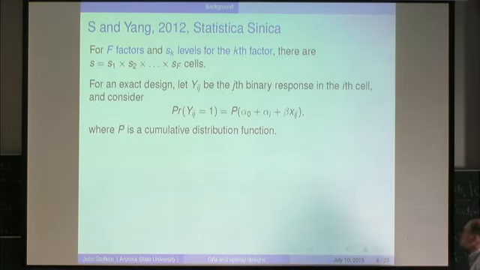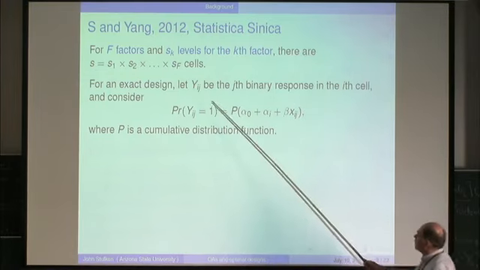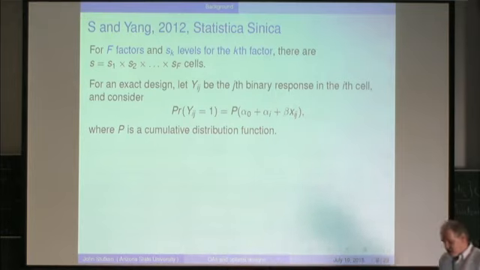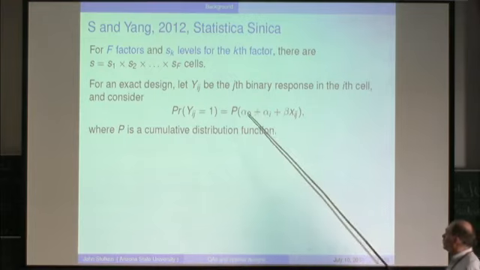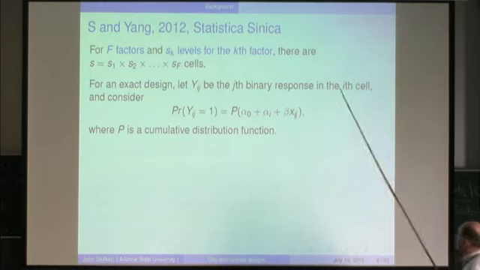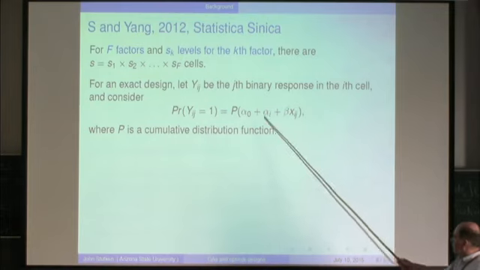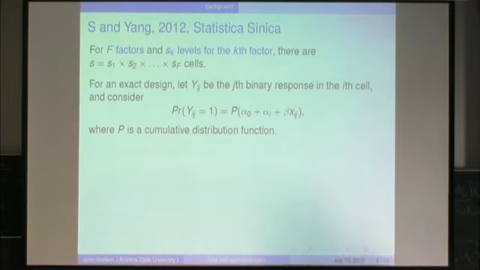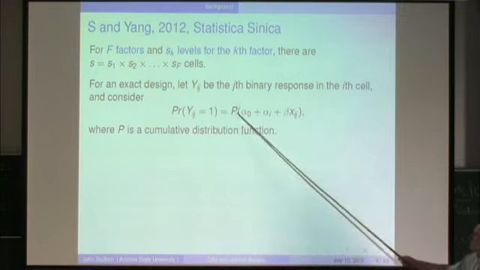And the model that I'm thinking about, if I have an exact design, so I have a binary response, yij is the jth binary response for the ith cell. Then I would model that maybe as some probability of alpha 0 plus alpha i plus beta times x, or some function of alpha 0 plus alpha i plus beta times xij. So P is the inverse link function for this problem.